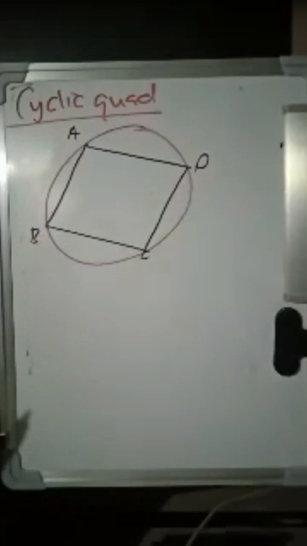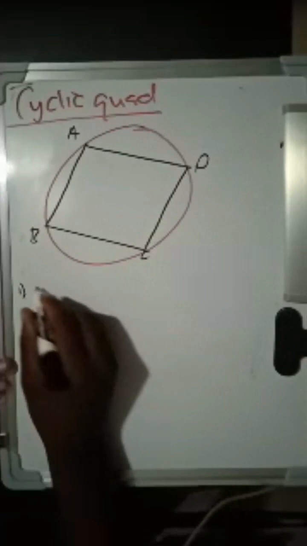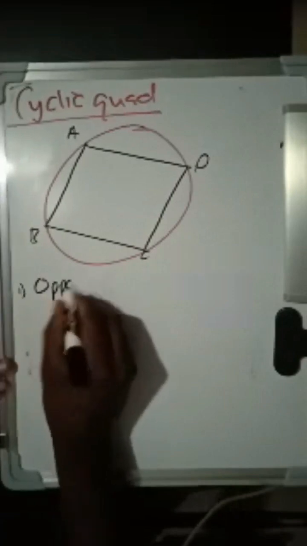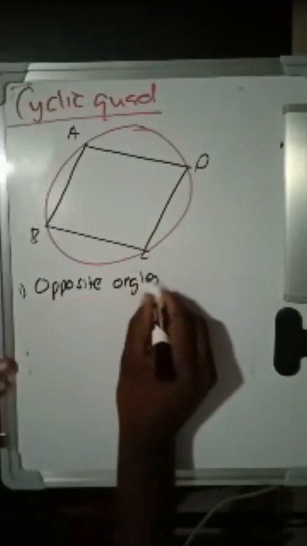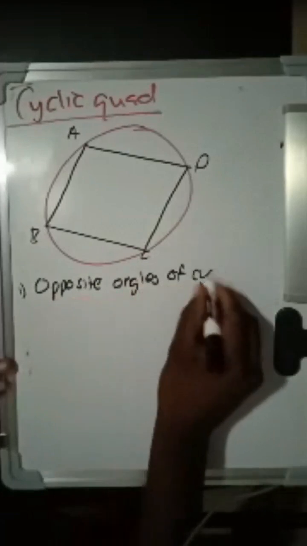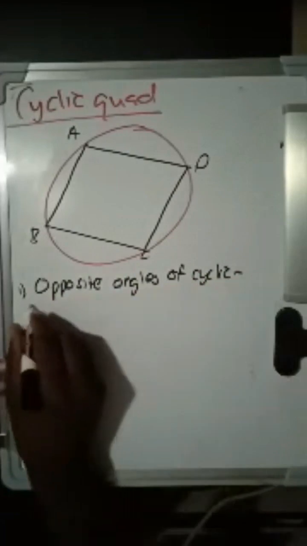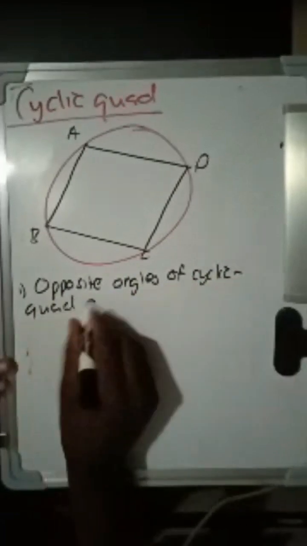So if you see a cyclic quad, just know that there are two theorems that you can actually use in solving Euclidean geometry problems. Okay, number one, it says the opposite angles of a cyclic quad are supplementary.